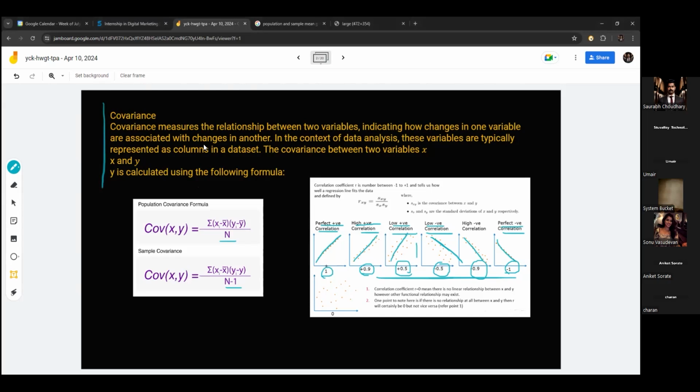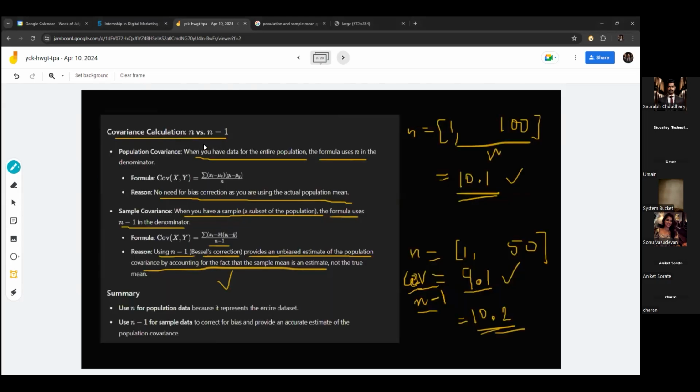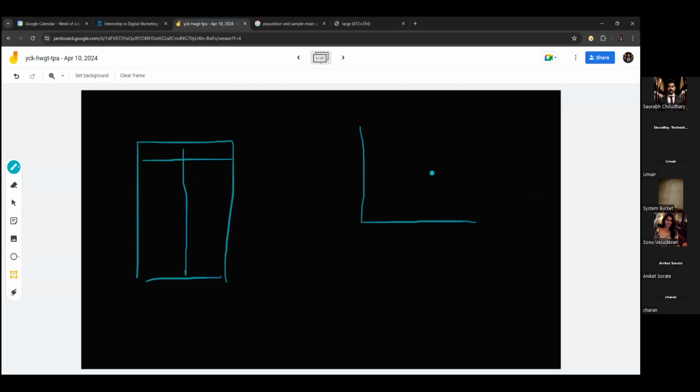Okay, let me ask you a very simple question. Suppose there are two columns in the data, and it is showing covariance. Amazing scatter plot. What will you say? What is this? Correlation or no correlation? Positive or negative?